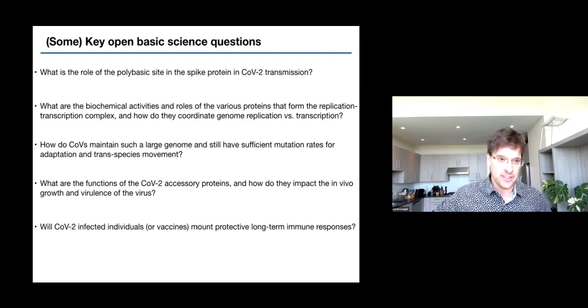Obviously we don't know these yet for SARS-2. So can you maybe speak to how important, how urgent is it that we figure out what these co-receptors are in terms of potential interventions?